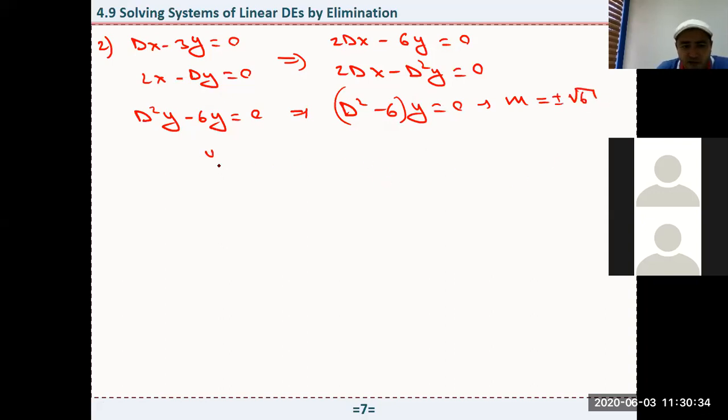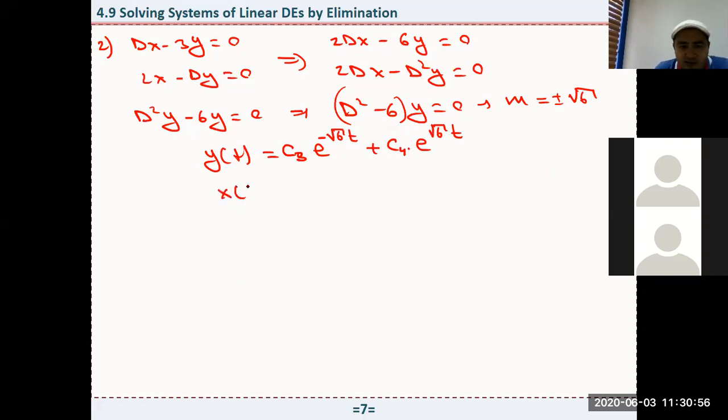But now if you write the solution for this differential equation, we have c sub 3 e to the power minus square root of 6t plus c sub 4 times e to the power square root of 6t. Okay. How about the x?